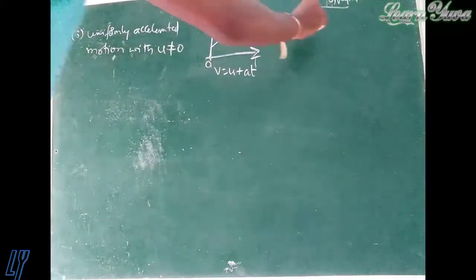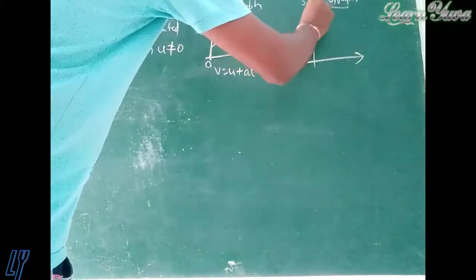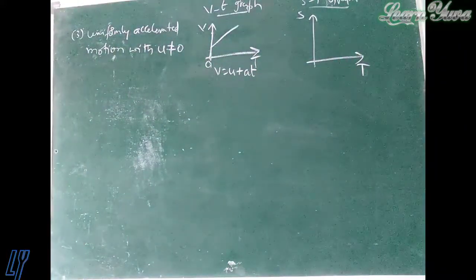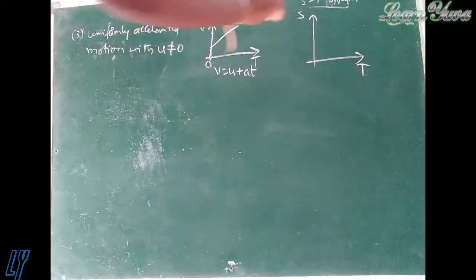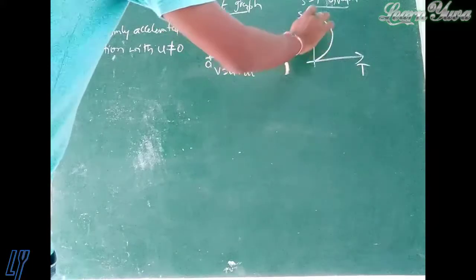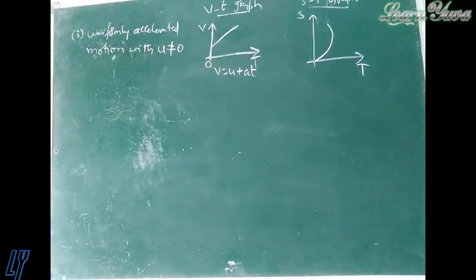Next, in the displacement time graph, initially the body has some displacement. Later on, from a particular position, the body finally reaches 0.